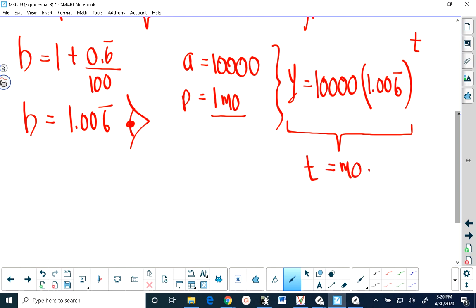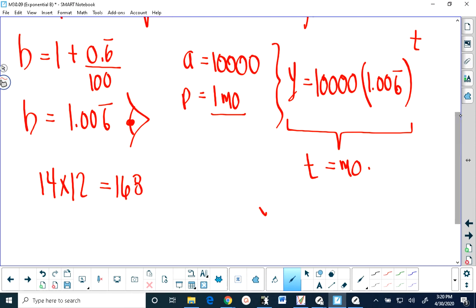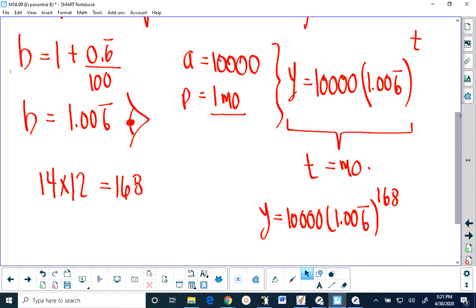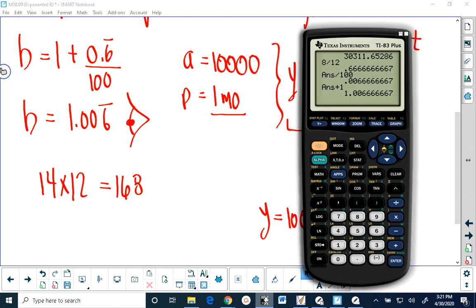So we need to figure out, to answer the question, how many months 14 years is. We've already done this. If you take 14 years times 12 months per year, it's 168. Which means that Kramer's investment will be equal to 10,000 times 1.006 repeating raised to the 168, and we can throw that into our calculator.